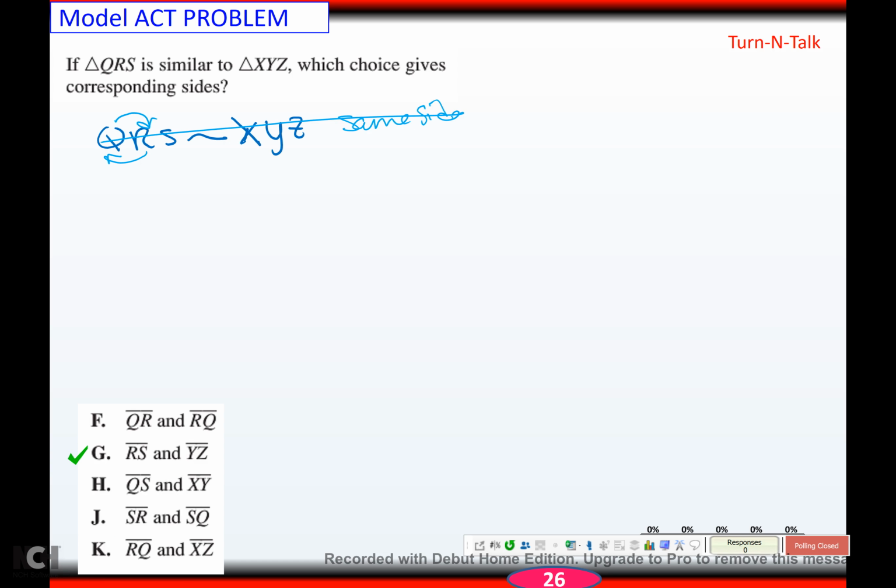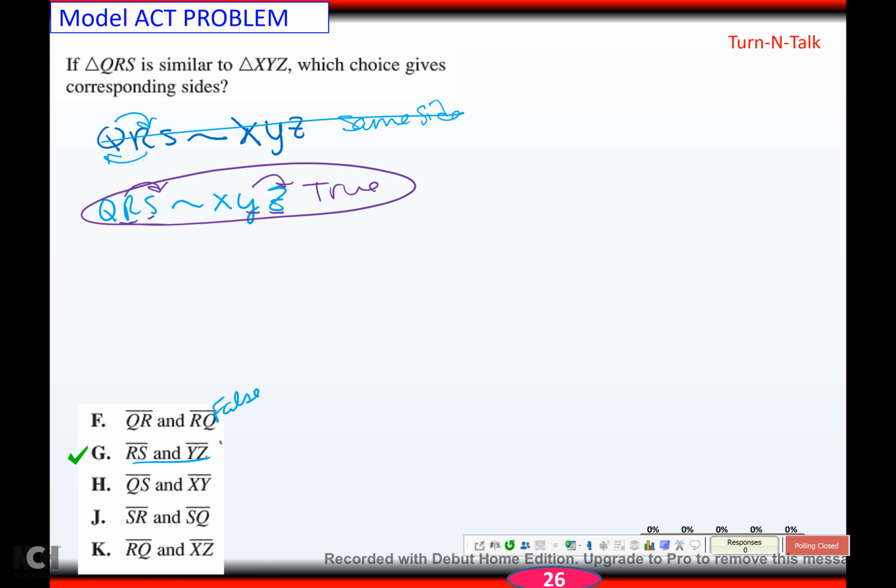So that's not corresponding sides. So that's false. When I do it again, QRS similar to XYZ, and I check this order, I have R to S and Y to Z. It's second to third in the first, second to third in the other, that's true. Those would be corresponding sides.